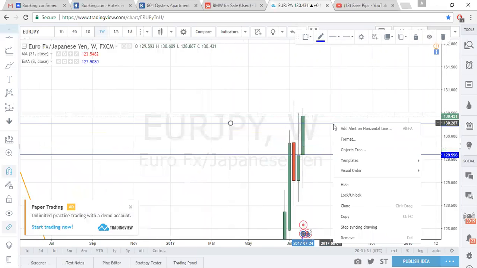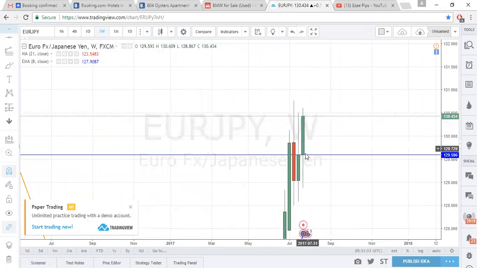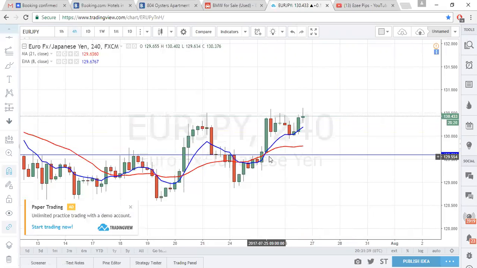Let me remove this line so you can identify it in a 4 hour. This was our weekly buy entry here. In a 4 hour, if you had bought from our weekly, this would have been your entry here. You would have been in good profits and still had entered the second time here.